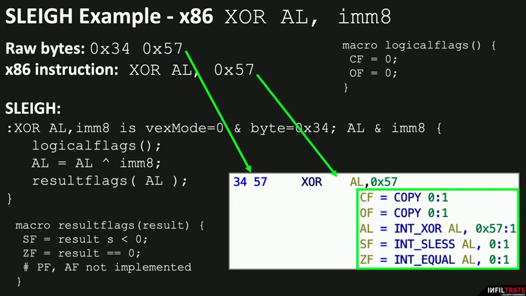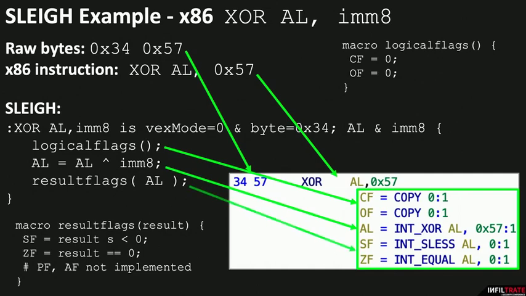Then we see the opcodes themselves, XOR, AL, 57. And then looking at the P-code, we see that the logical flags operations, setting these two flags to 0, is right there. We then see that AL is XOR of AL with 57. And then we see the results flags. So based on how the comparison went, we'll set the flags accordingly there.